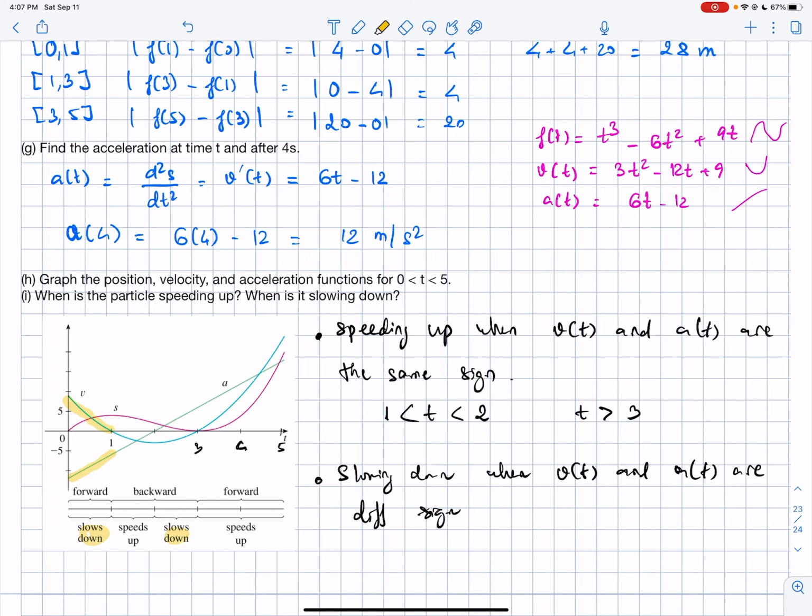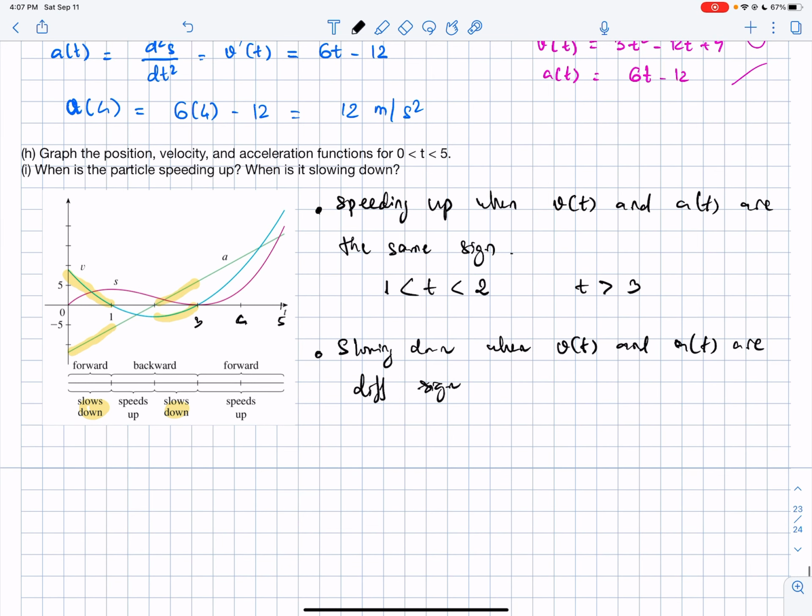And also between 2 and 3, the v is negative and the a is positive. So the a is up. So t between 0 and 1, and t between 2 and 3.